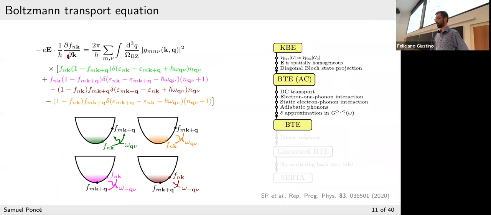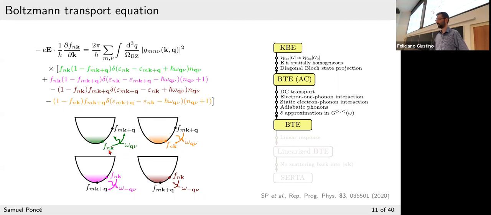And so this is, again, on the left the same driving term, but now on the right, you have an expression that you can actually compute in the code with density functional perturbation theory. So this G is the electron-phonon matrix element that you saw yesterday, that you did in the hands-on. And then you have those four energy-conserving terms, and the colors match those four cases.